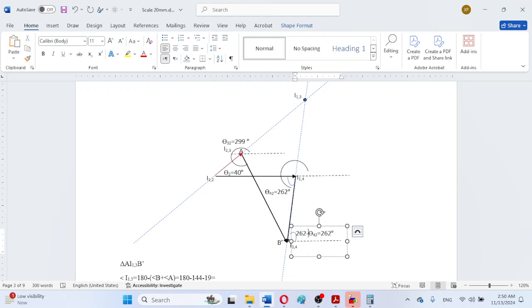As we can observe, this angle will be equal to 262 minus 180, because this is 180 degrees and up to here it is 262 degrees.